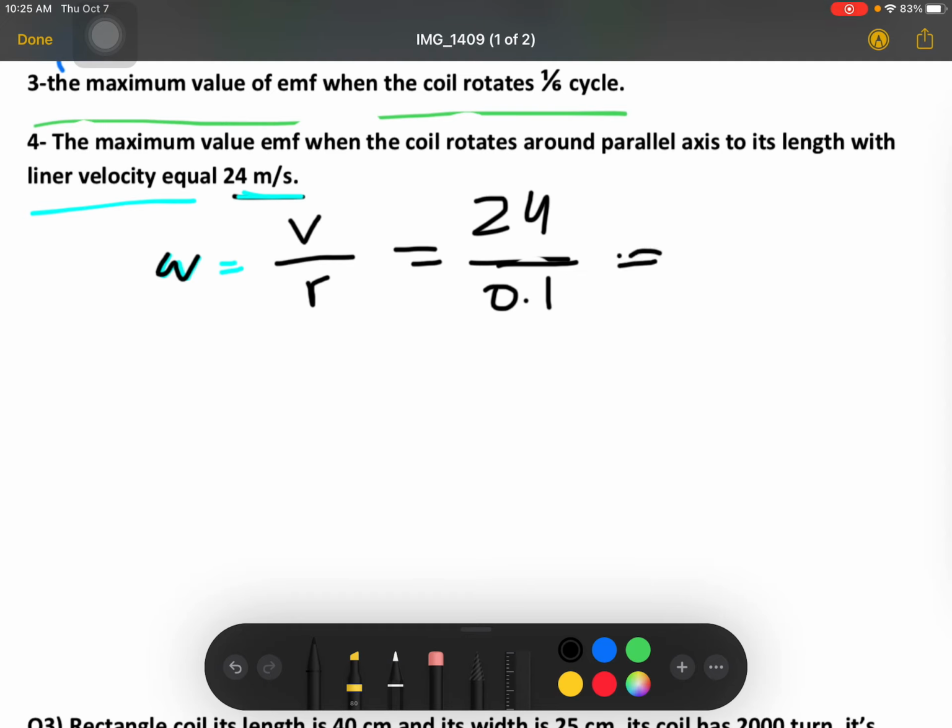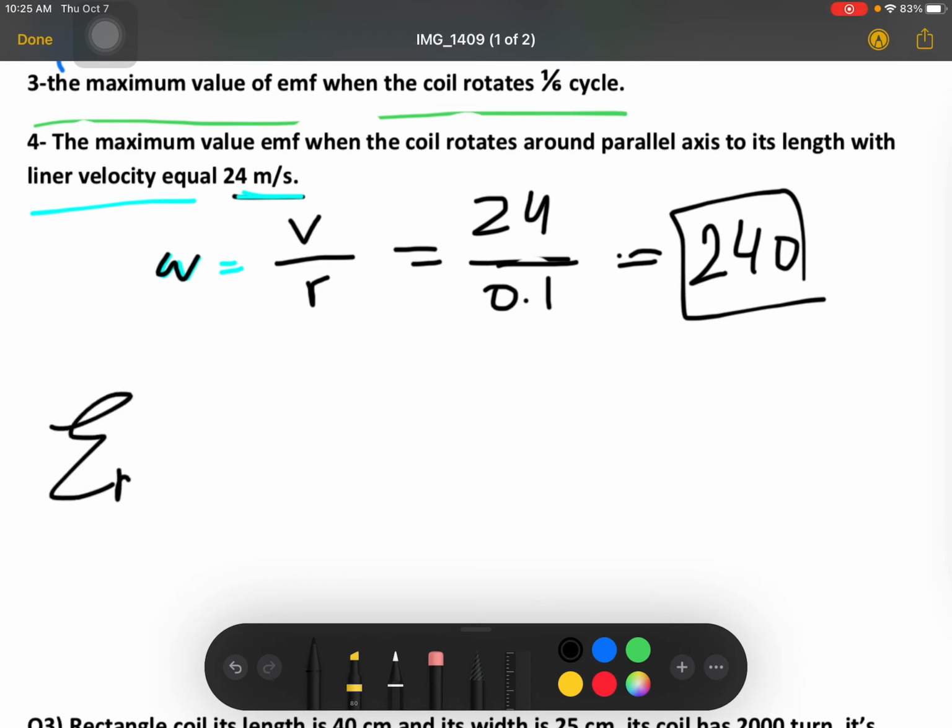So omega here will be 24 over 0.1. 24 divided by 0.1 equals 240. Now we are going to substitute the omega in the equation: E max equals NBA omega.